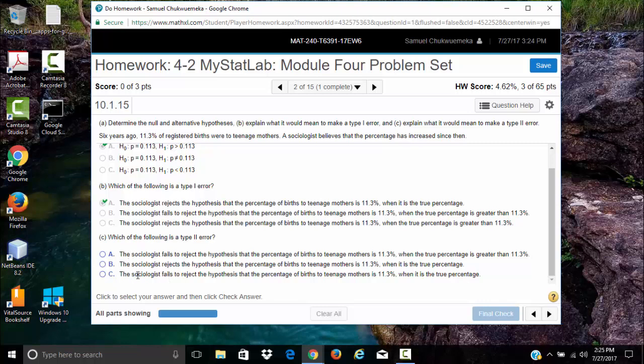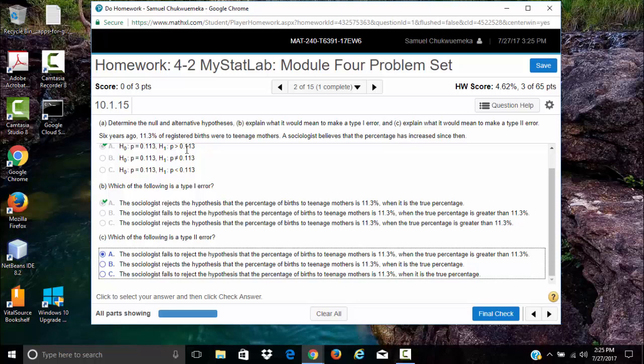Remember, type 2 error means the null is not true, but you fail to reject it. You do not reject it, even though it's not true. So it can't be C, because type 2 error means the null is not true. So the answer would be A. The null is not true, but you fail to reject it. The true value is greater than 0.113, which is the alternative.